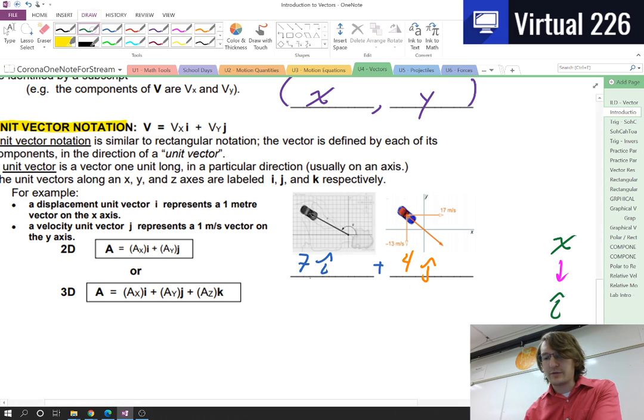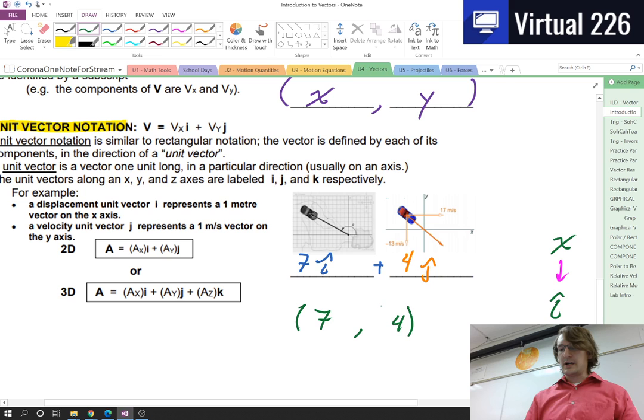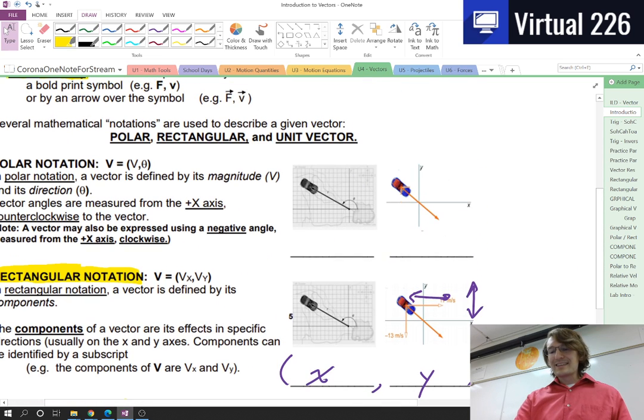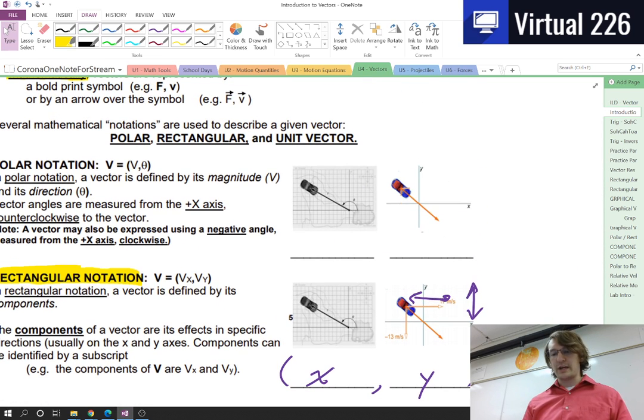If you wanted to convert this unit vector into rectangular, this would just be 7, comma, 4. So it's very similar to the rectangular notation, except we're adding each of the component directions i, j, k instead of just saying x, y, z. Okay, so it's a little different, but very much the same. The one that is a little stranger is actually polar notation.